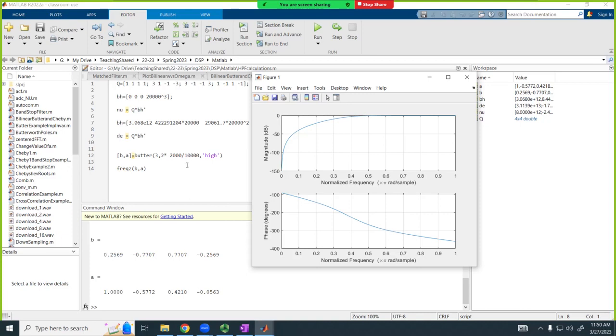And we can see here, when we are at 0.4, that will correspond to -3 dB. And when we are at 0.2, that corresponds to the attenuation requirement, which is at 20 dB, which we are exceeding.